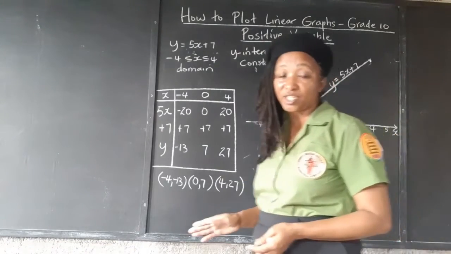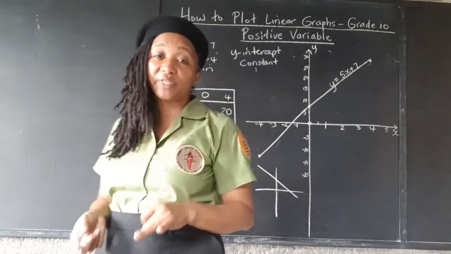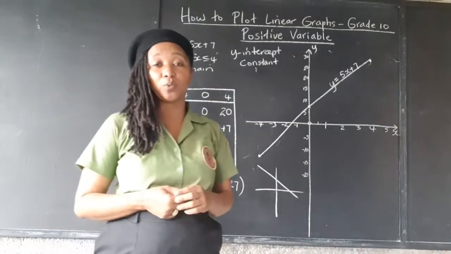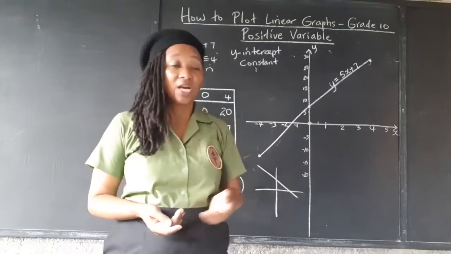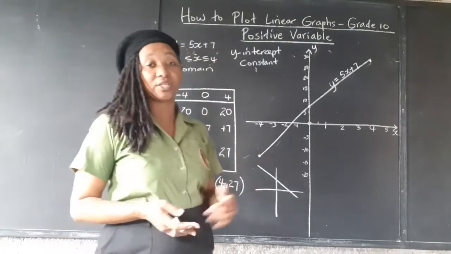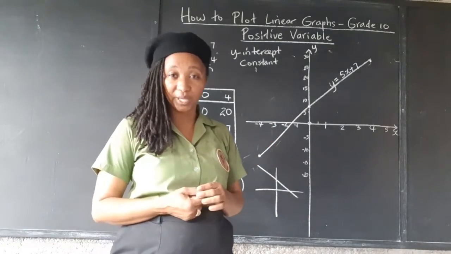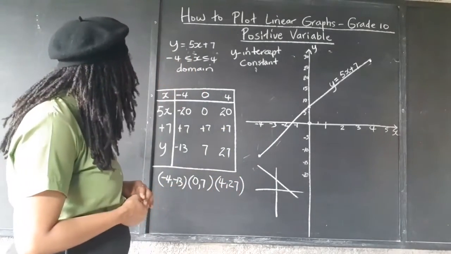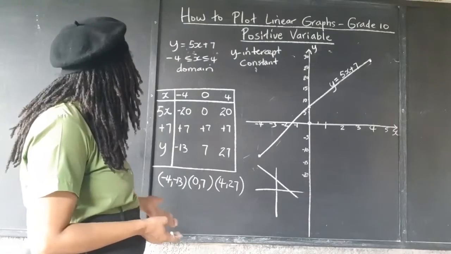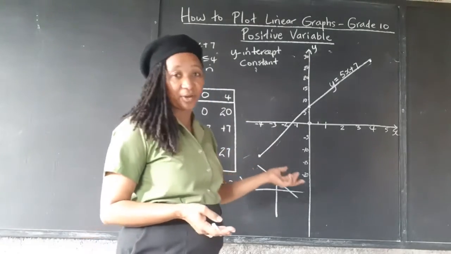That's the orientation. So those are at least two things you can tell about what your linear graph will look like just by looking at the equation. You don't even do anything yet. Just looking at the equation, you should know that much. Alright, so that's it for plotting the linear graph with a positive variable.